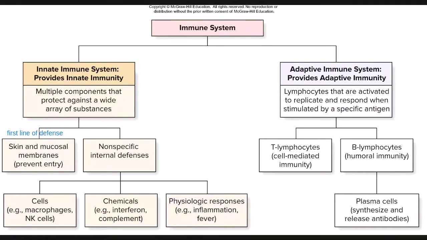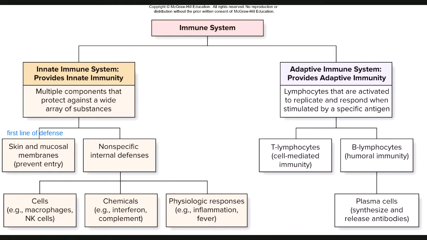Now imagine that the first line of defense is like a wall, okay? Imagine that this first line of defense fails, and your wall falls, and somehow there is an influx of pathogens into your body. Then what your body is going to do is initiate the second line of defense, okay? And that's these non-specific internal defenses. The keyword here is non-specific.